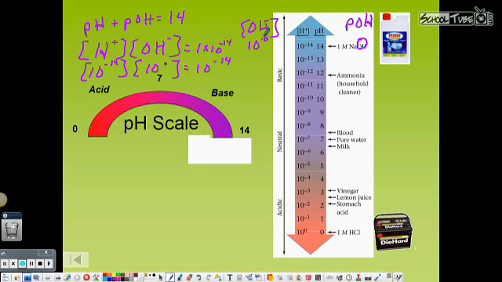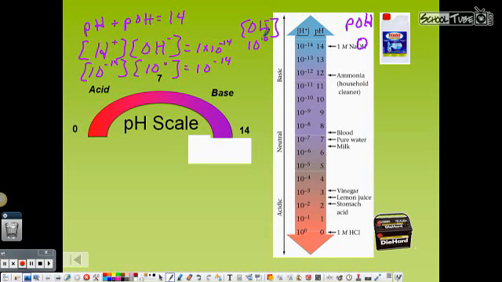All right, so if I have probably the most basic I can get, I would expect to have no acid content. Okay, so all of the available ions are OH ions, and none of them are H, or basically none of them.